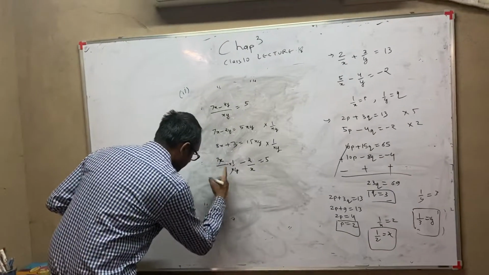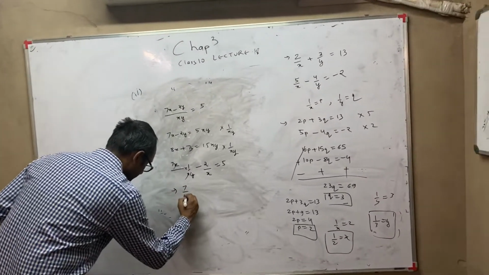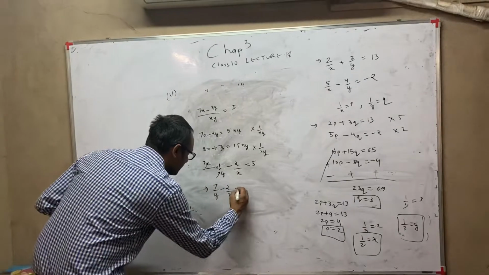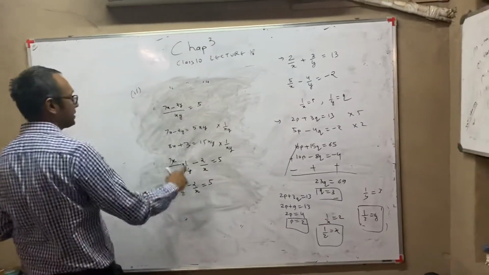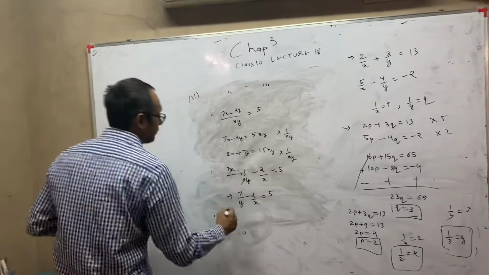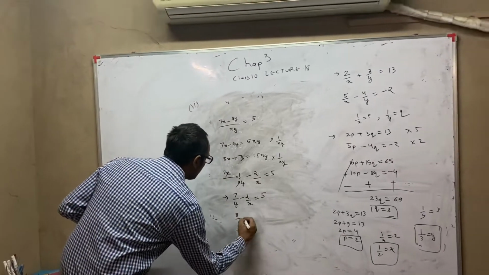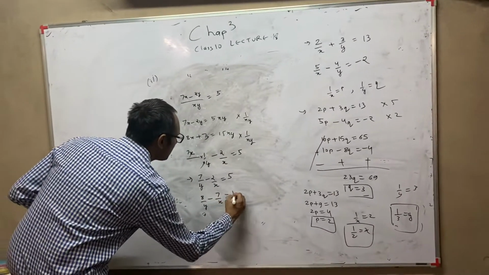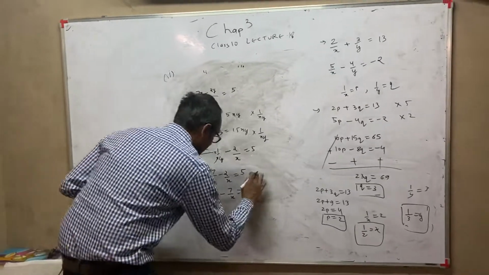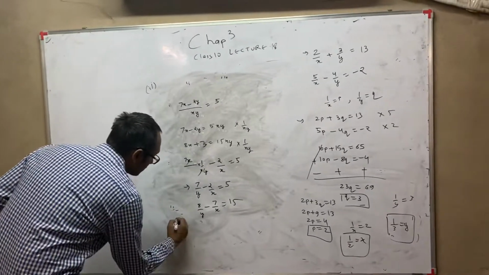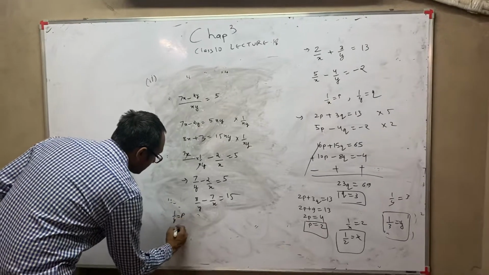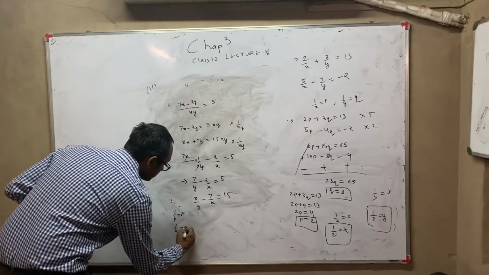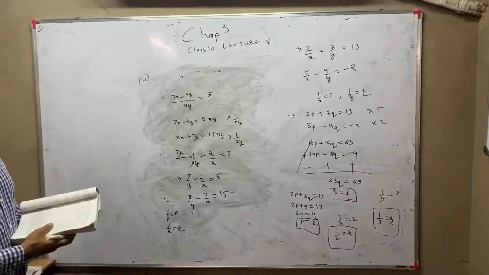So this equation becomes 7 upon y minus 2 upon x is equal to 5. Similarly, this equation also, first term will be 8 upon y minus 7 upon x is equal to 15. These are my equations. Now I just have to put 1 upon y equal to p and 1 upon x equal to q, and the sum is done.